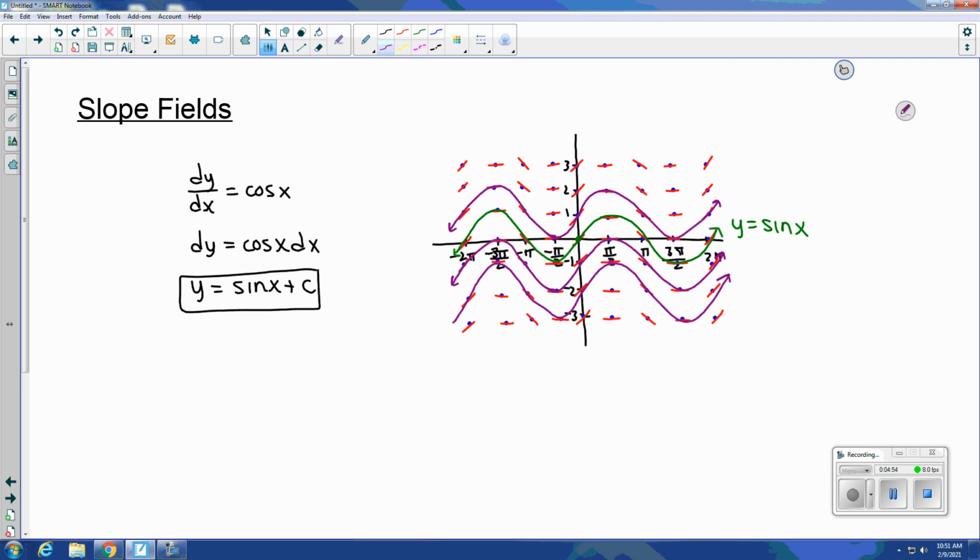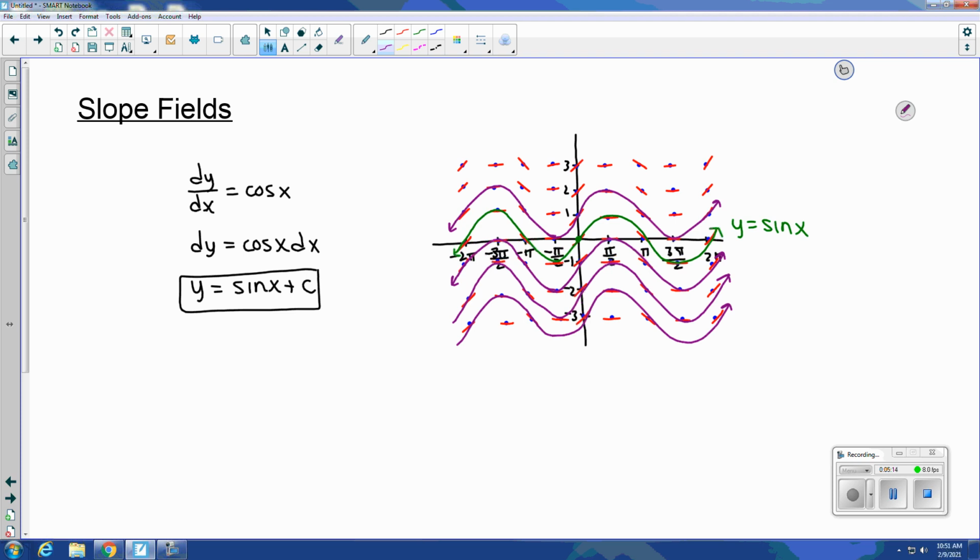And therefore, these purple sine waves together represent all of the general solutions to the differential equation. So the slope field, by tracing it out, following it along, we can identify a particular solution through a point.